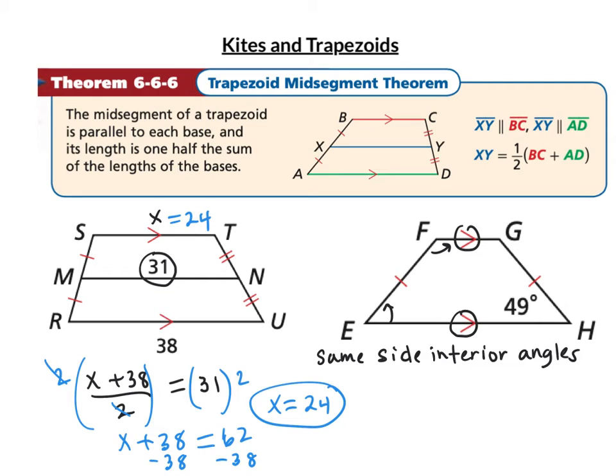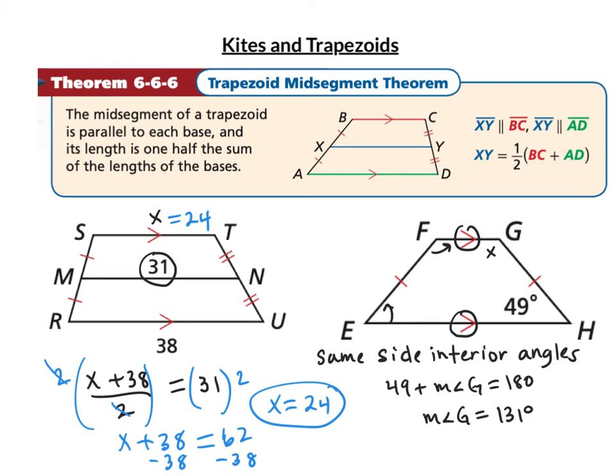If I wanted to find angle G right here, I know that 49 plus the measure of angle G is equal to 180 degrees. The measure of angle G then would be equal to 180 minus 49, which is 131 degrees.